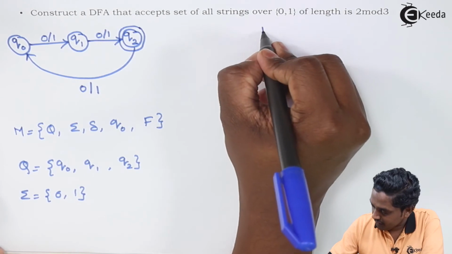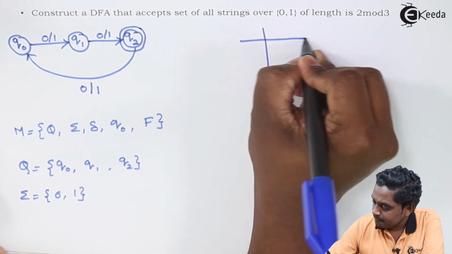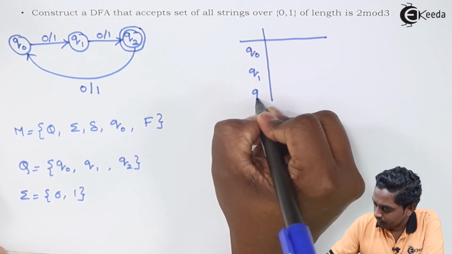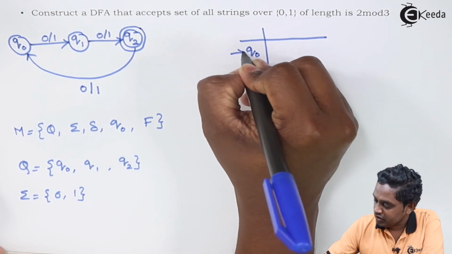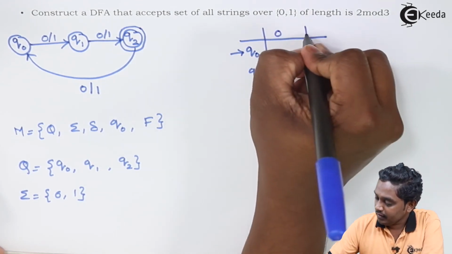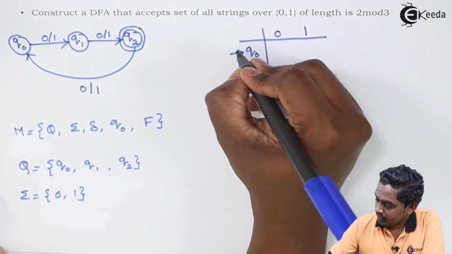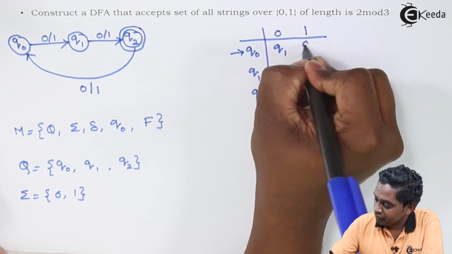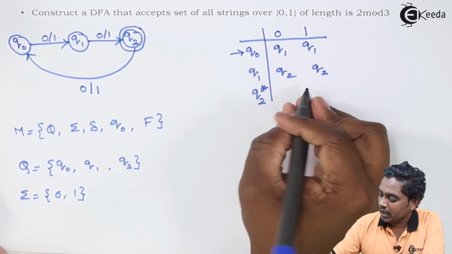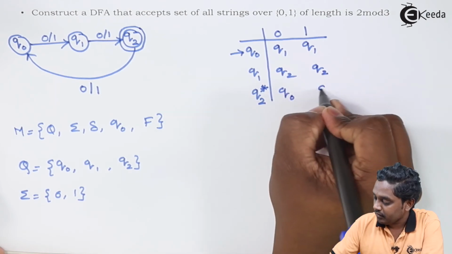Delta, the transition function, Q0, Q1, Q2. Out of them, Q0 is the initial state, Q2 is the final state. 0 or a 1 is the input alphabet. Q0 has a transition to Q1, Q1 has a transition to Q2, and Q2 has a transition to Q0 back.